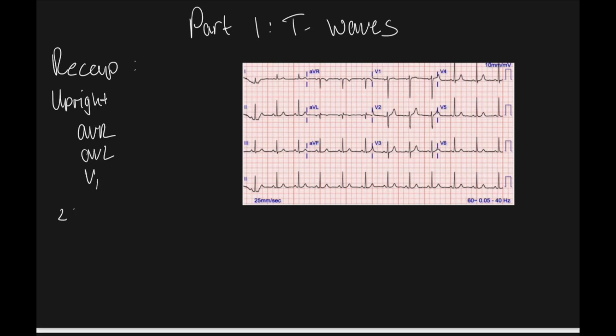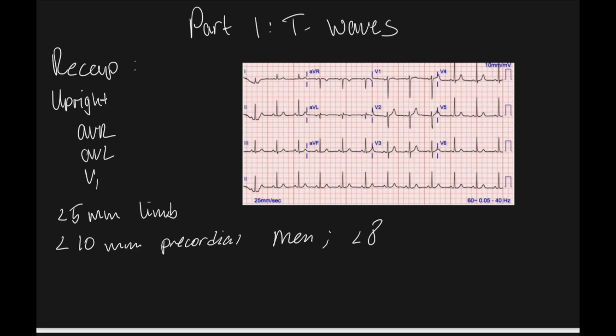We know that they're typically less than 5 millimeters in the limb leads, and less than 10 millimeters in the precordial leads for men, less than 8 millimeters for women.